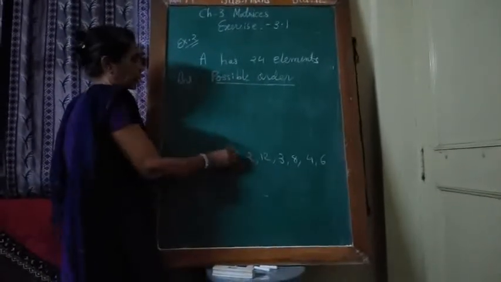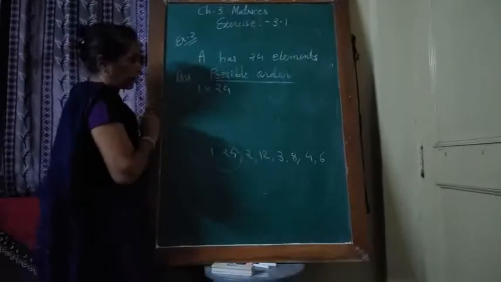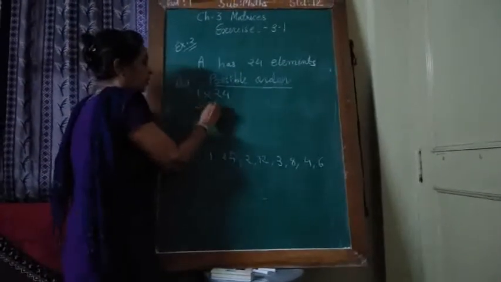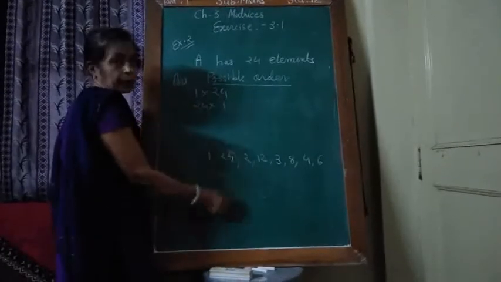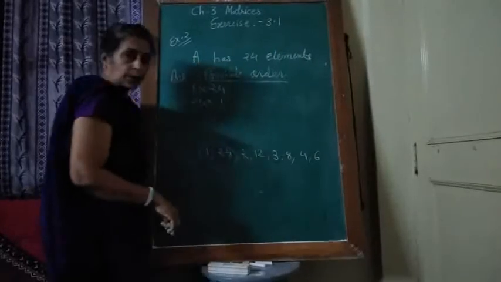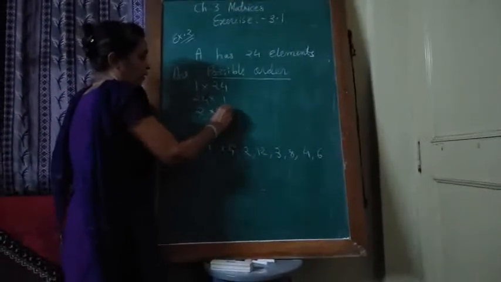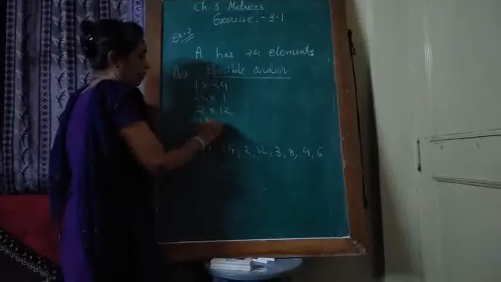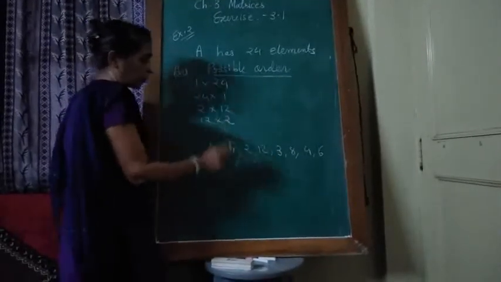First I take these two numbers: 1 into 24, 1 cross 24. Second, 24 into 1: 24 rows and 1 column. It may happen. 24 rows, 1 column, or 1 row and 24 columns. Then 2 by 12 and 12 by 2: 2 rows, 12 columns, or 12 rows, 2 columns.